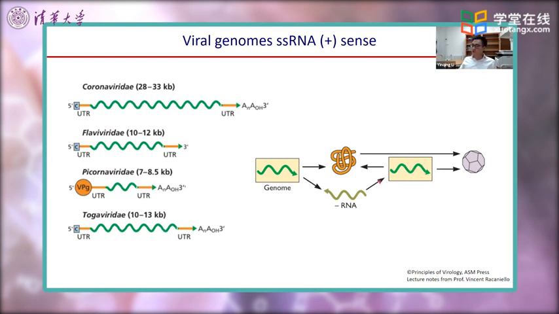This process, the regeneration from the positive sense single-strand RNA genome to the negative sense RNA, is done through the RNA-dependent RNA polymerase, which is the target of some drugs.